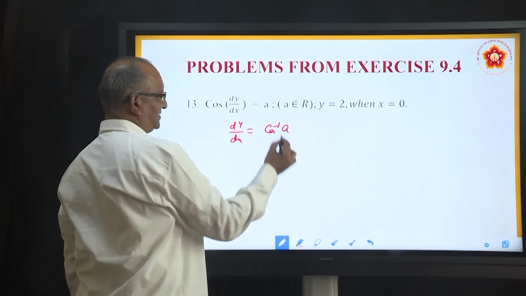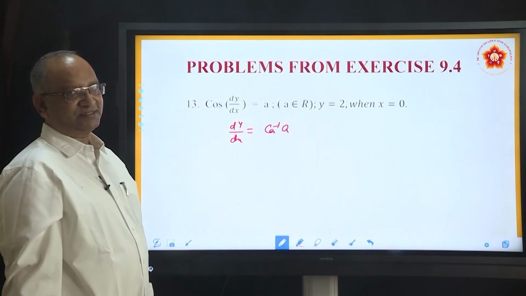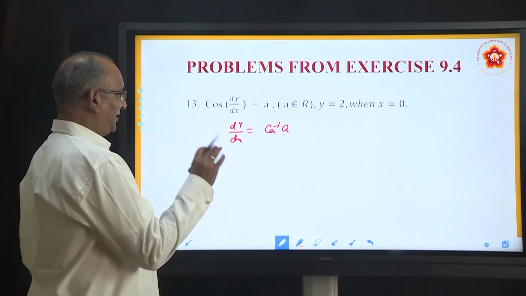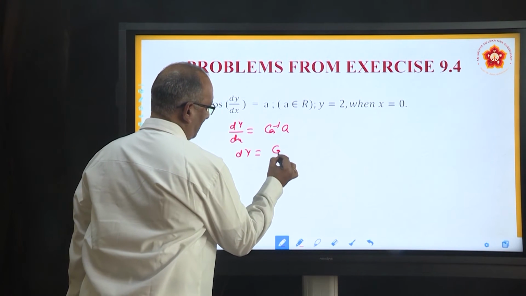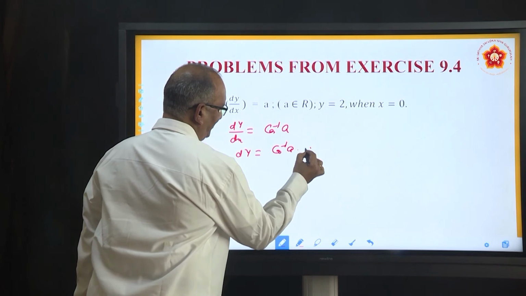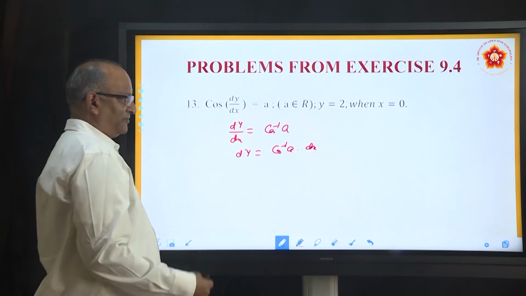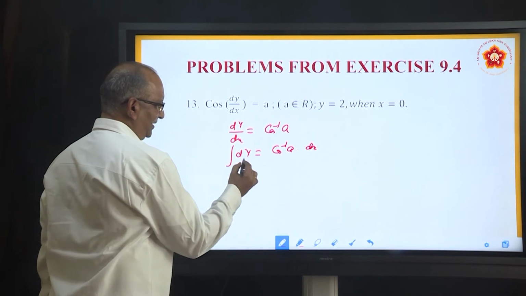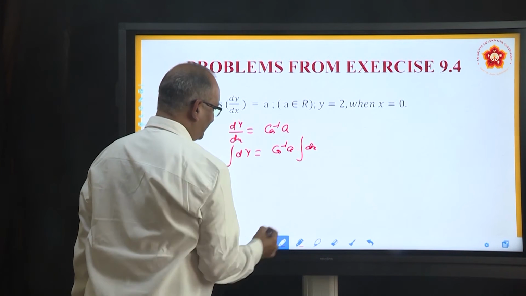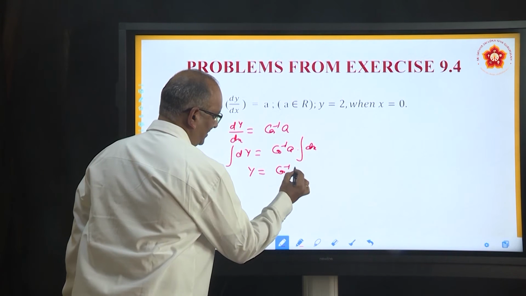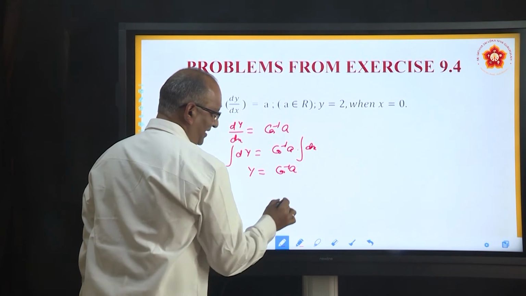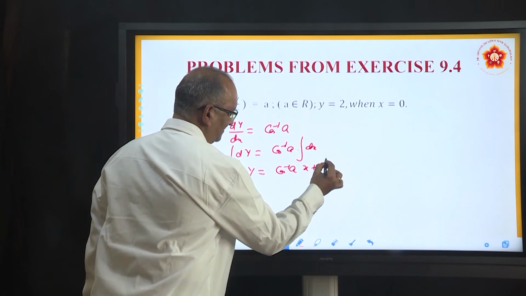Now this can be written as dy equal to cos inverse a into dx. Variables are separate, so you can integrate. Cos inverse a is nothing but a constant. So y is equal to cos inverse a, integral of dx is x plus c.